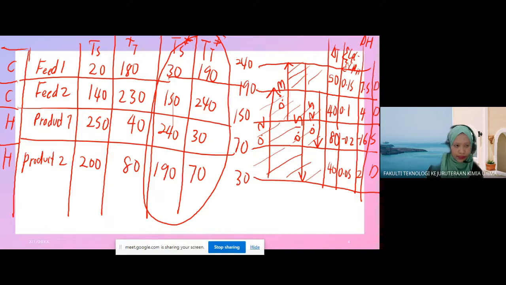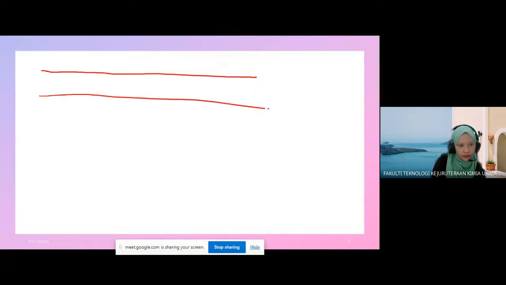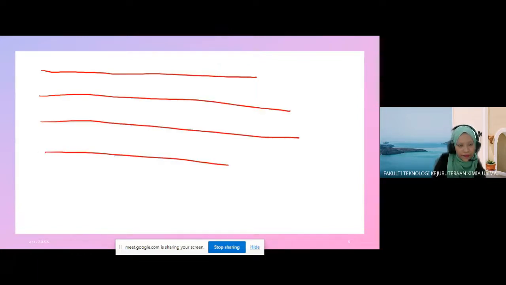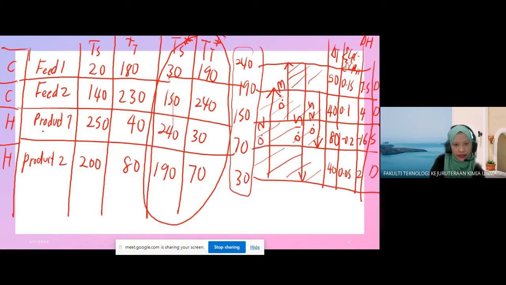So, what is the first step in doing the cascade table? Similarly, you start with the same intervals just now: 240, 190, 150, 70, and 30, right?